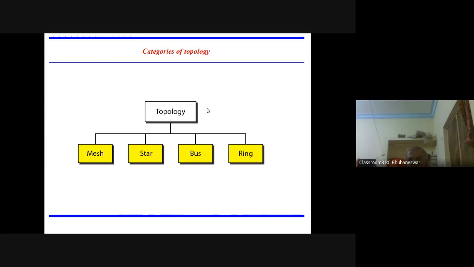If a particular link is shared by multiple nodes, then that connection is known as multipoint connection. And topology is broadly divided into four basic types.